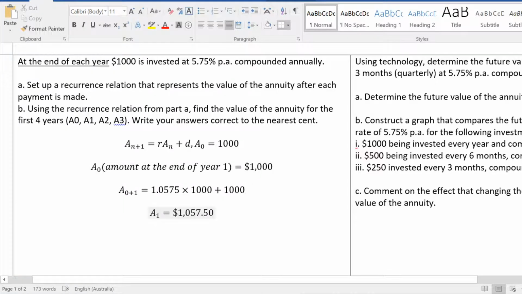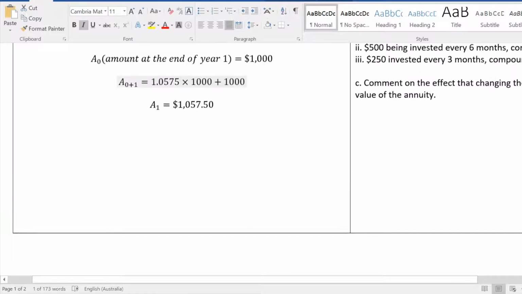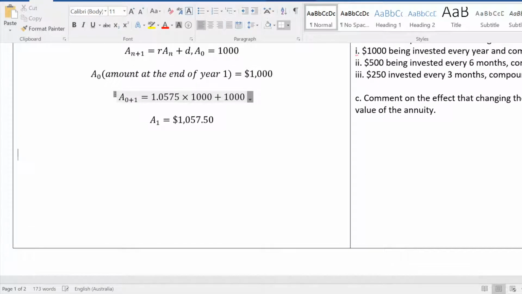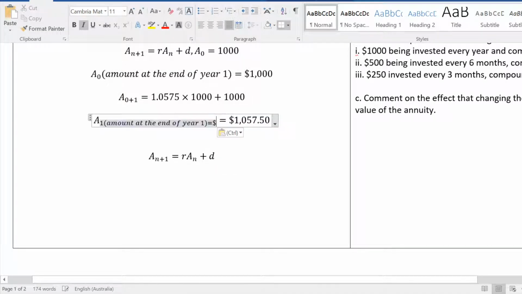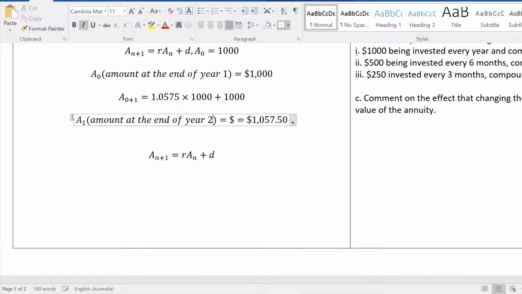Now that we've done this one, let's go back to our original recurrence relation. For those who are still confused, A1 is going to give us the amount at the end of year 2.